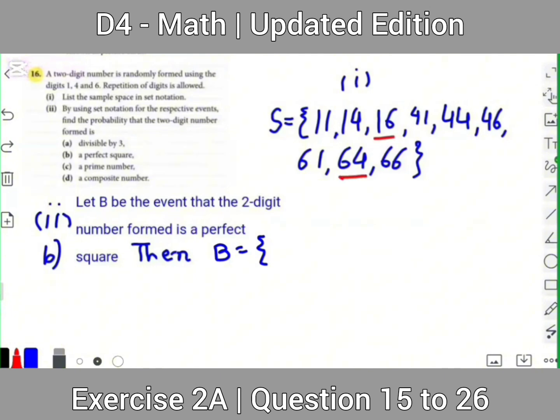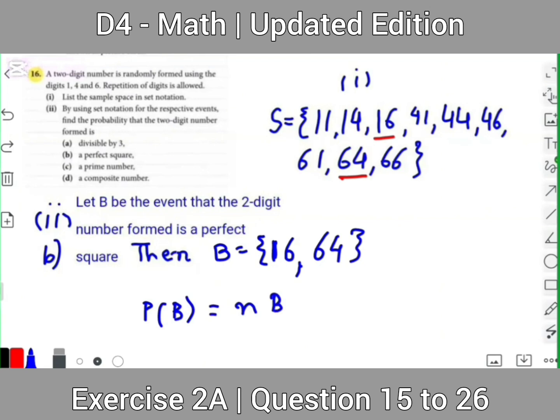So the elements in the event B will be 16 and 64. Now to find the probability of event B, we will use the formula n of B divided by n of S, which is over 9. So the probability for the event B is equal to 2 over 9.